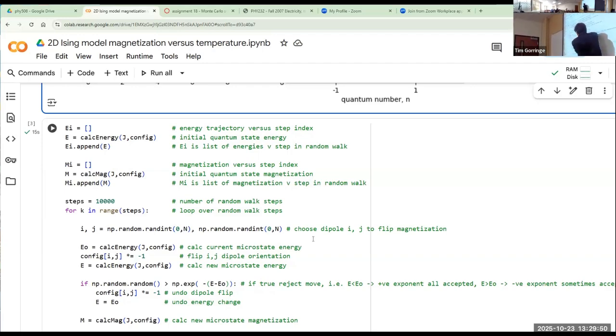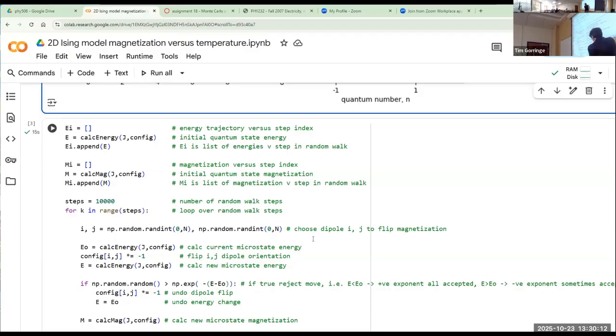So now I'm coming out of this with the new state and with the energy of the old state and the new state. Most importantly, the energy difference between the two states: E minus E naught will be the energy difference. So it could have increased the energy, it could have decreased the energy.